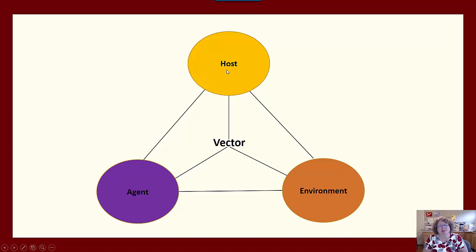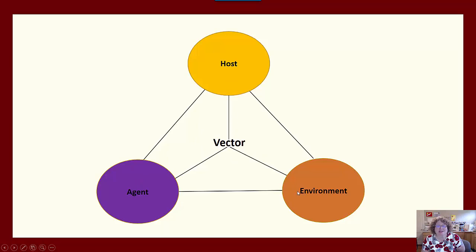It could be someone who was more susceptible to flu. It could be someone who had been exposed to the radiation. And then the environment would be things like climate or temperature. It could be working conditions. And then the vector is how it's transmitted from the host to the agent, or the environment to the agent, and so on.